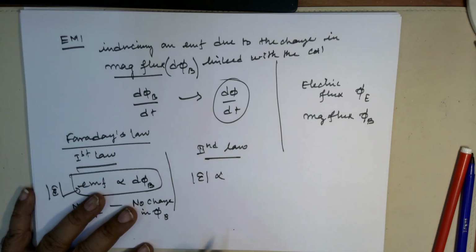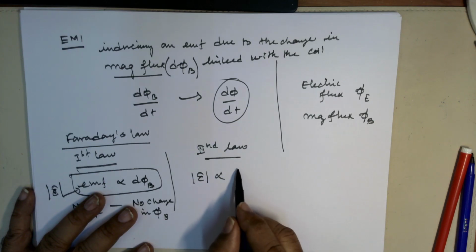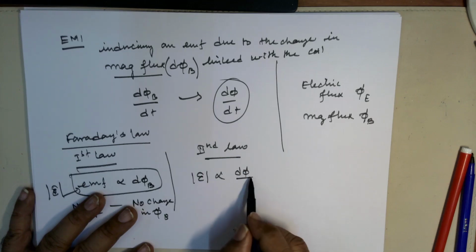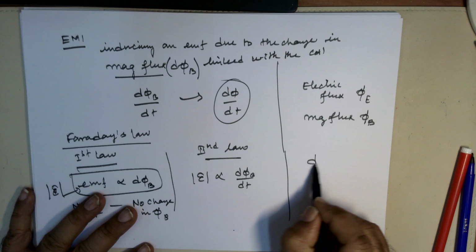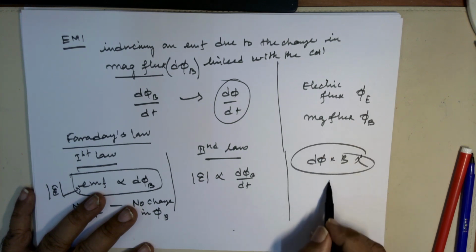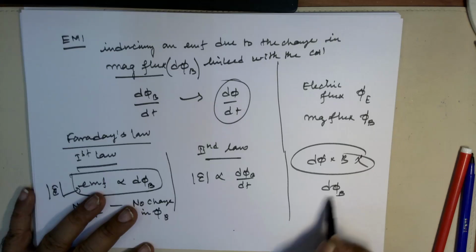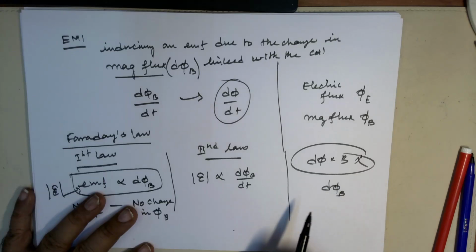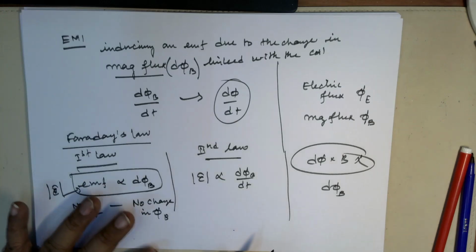Here, rate of change of magnetic flux. So you can call it d phi B by dt. Don't mistake that it is d phi into B. This is wrong. This is d phi B, that is magnetic flux change. That is how fast the magnetic flux is changing with respect to time.